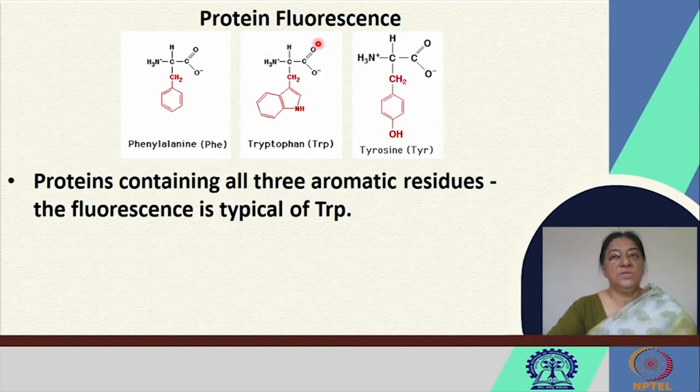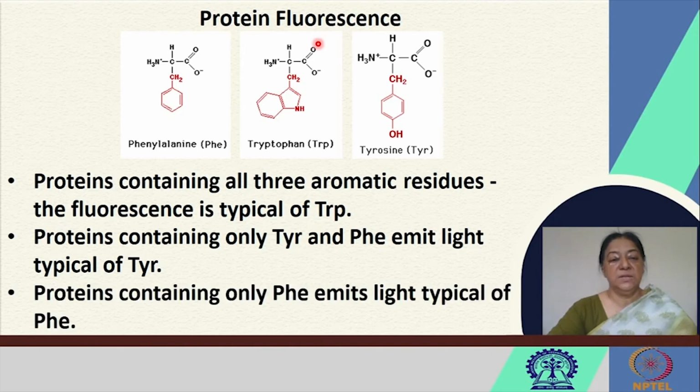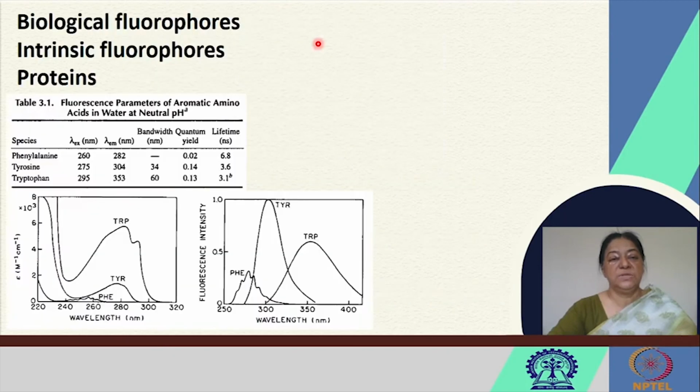When we have the three aromatic residues and we have tryptophan, the fluorescence emission is typically controlled by tryptophan, and the emission that we see is due to this. With a combination of the aromatic amino acids, we either see emission typical of tryptophan or tyrosine, depending upon the presence of the aromatic residues in the protein sequence.